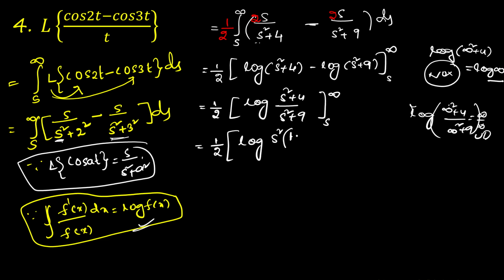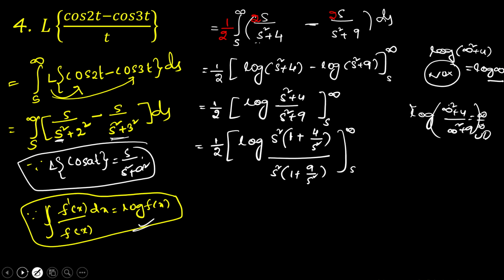Here we get 1 plus 4 by s square, divided by, taking s square as common, 1 plus 9 by s square. Lower limit s, upper limit infinity. Here s square and s square will cancel out. So finally we can apply the upper limit directly.